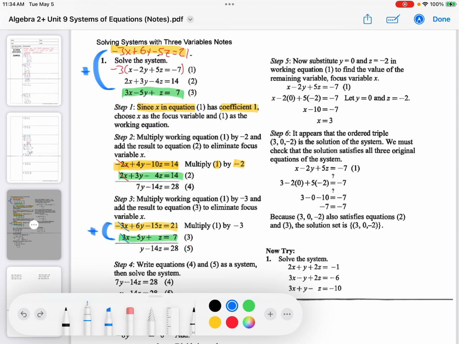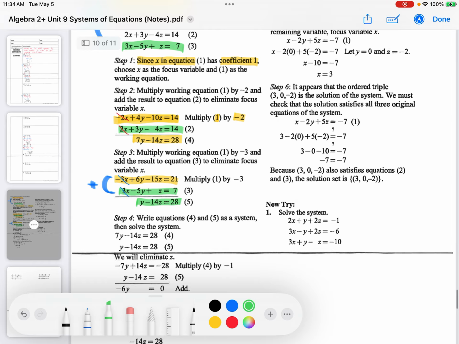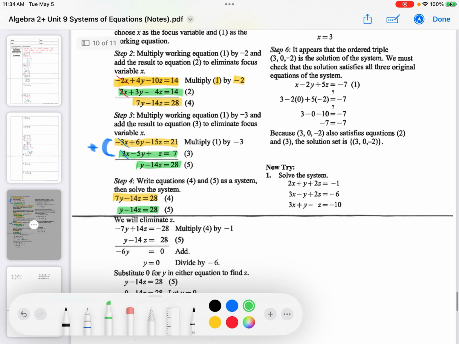Okay. So now we have 2 equations: 7y minus 14z equals 28, and y minus 14z equals 28. These 2 equations are what we're going to be working with going forward. We're going to solve this system just like we have all the other ones, so we can use elimination with this one as well.